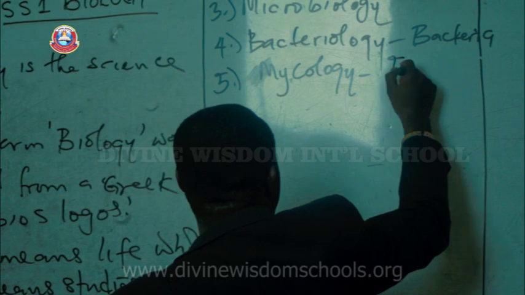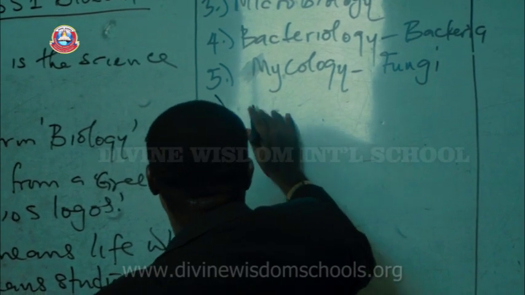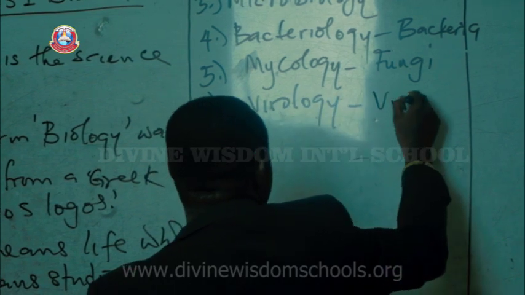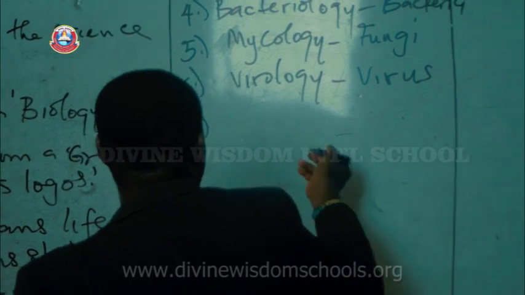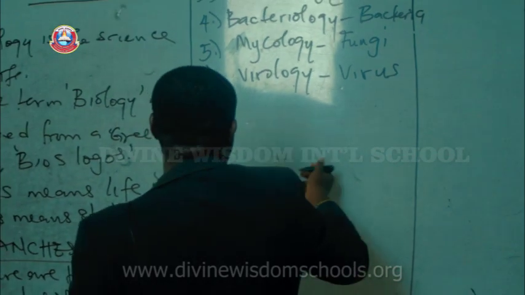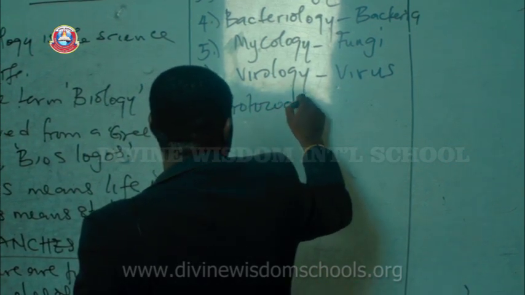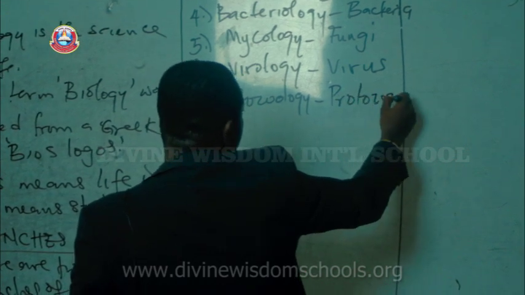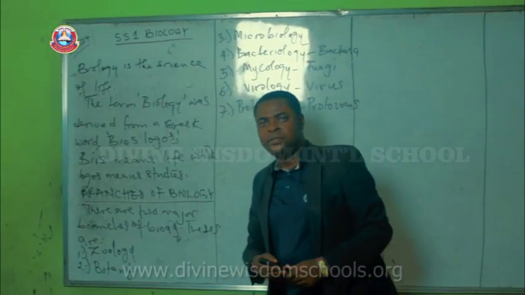Mycology is the study of fungi. Then if the microorganism is virus, we have virology. Virology is the study of virus. If it is protozoa, you have protozoology, and so on and so forth.